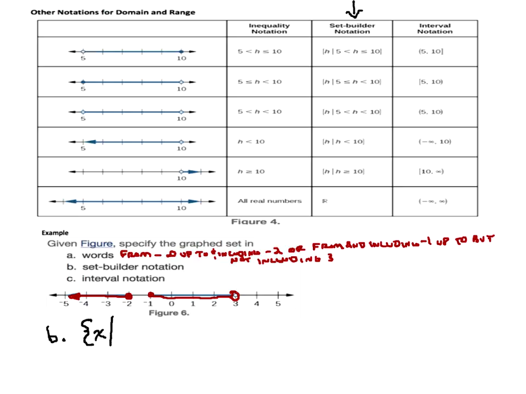The set of all x's such that, this straight line symbolizes such that, negative infinity is less than the values I want to talk about, and the values I want to talk about are less than or equal to -2, or -1 is less than or equal to the values I want to talk about, which are strictly less than 3.